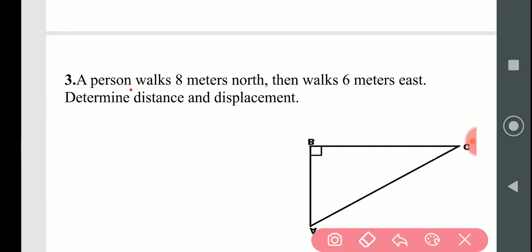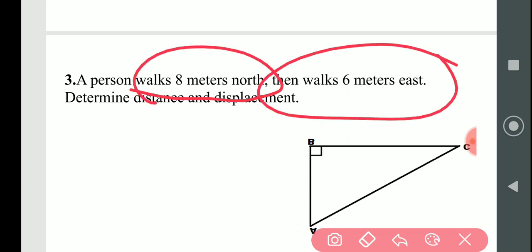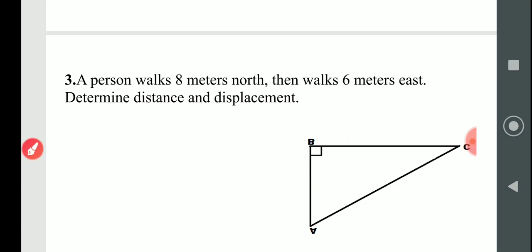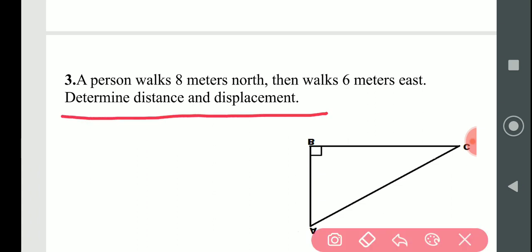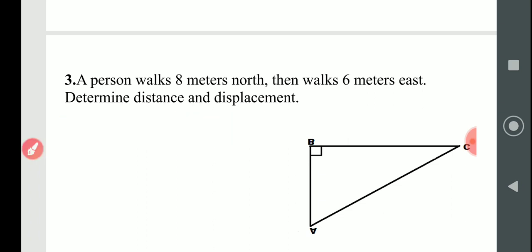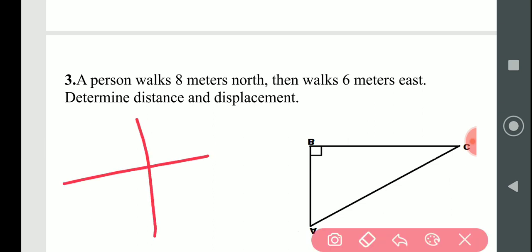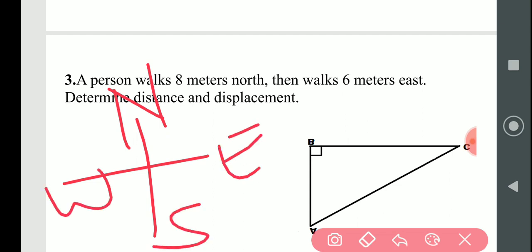A person walks 8 meter north, then walks 6 meter east. Determine distance and displacement. So in this type of question, here we will assume north, here south, east and west.